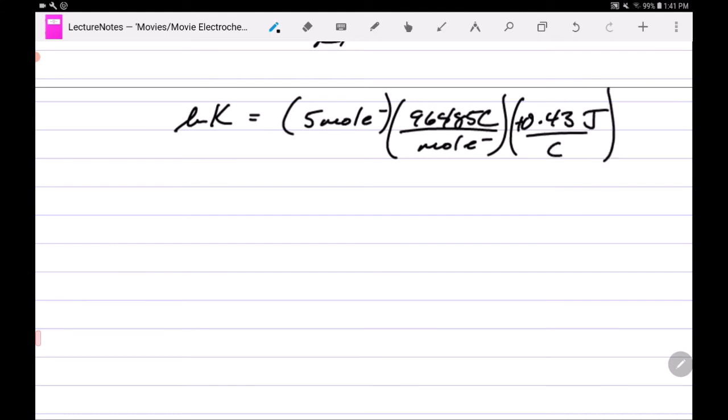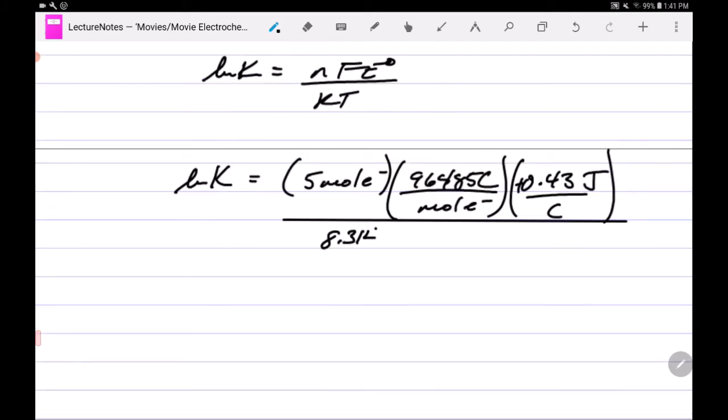Let's put a positive on that so we remember that we didn't drop the sign. And let's make a line that's straight since we can. The R that we want is the one with joules in it, so that the units will cancel. Again, we're using 298 Kelvin because we're at standard conditions. Everybody cancel now.